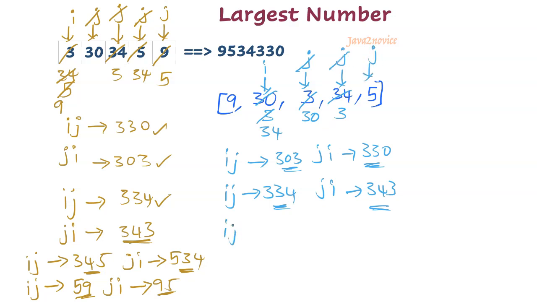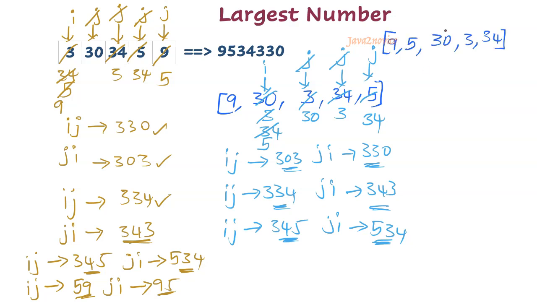Now ij will form 345, ji will form 534. Since 534 is bigger than 345, we will swap it again. 5 will be here, 34 will be here. Again we are done with one of the inner loop iterations. I will rearrange the array once again.